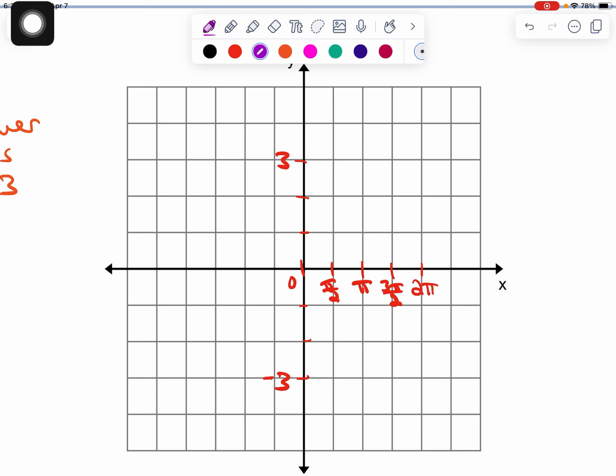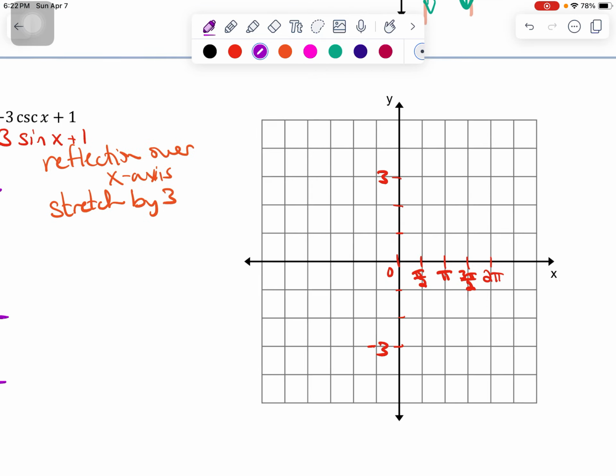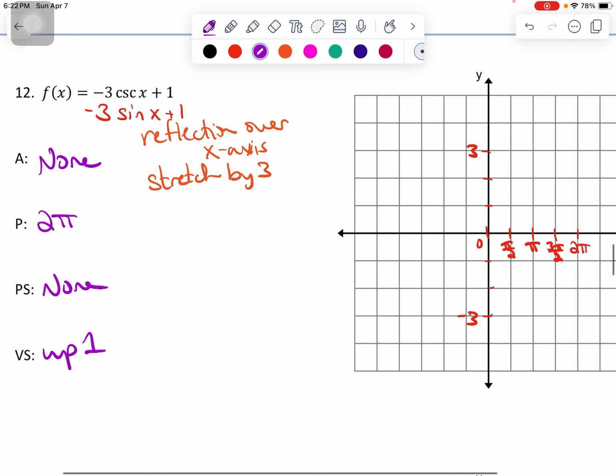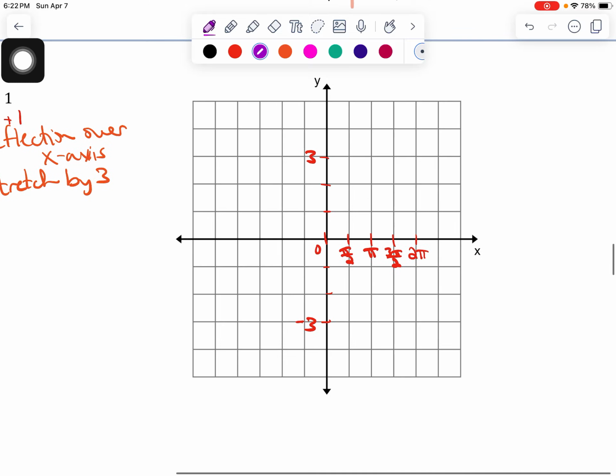All right, so now for my sine curve, and I'm going to start with the sine curve and just put little X marks to spots where I need them. I have a stretch of 3, so that's going to be my highs and my lows, and I've got to go up 1. So everywhere where I'd normally put an X, I'm just going to move it up 1 space.